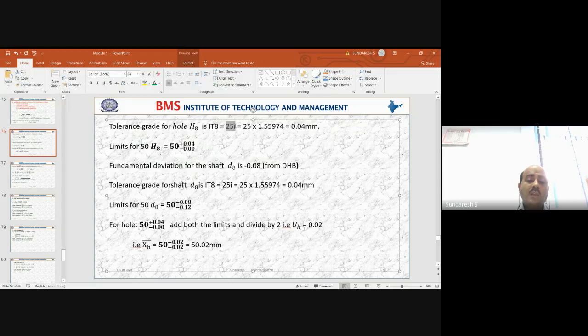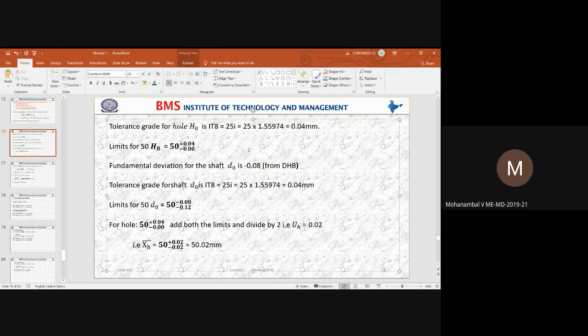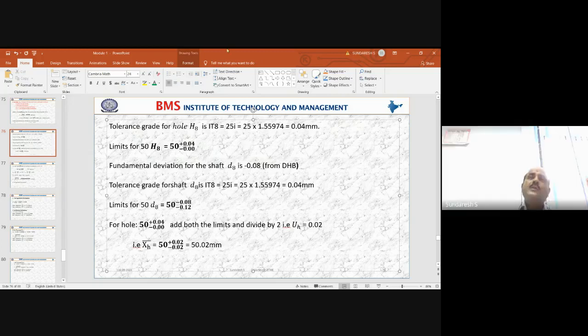This is a standard value, which again you get from the data handbook. Substitute the value of I and keep it in millimeter. You might get microns, so convert that into millimeter, and you will get 0.04 millimeter.